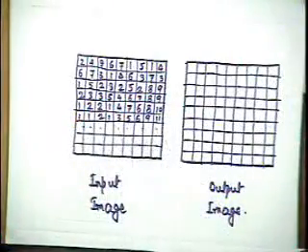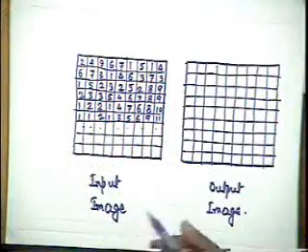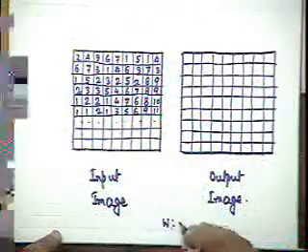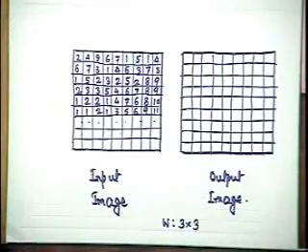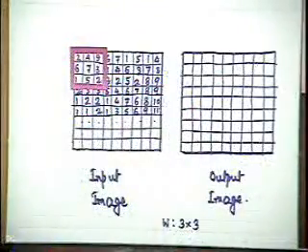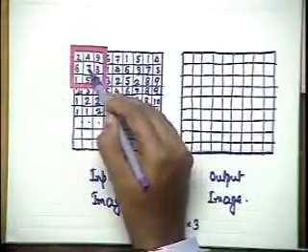This is an image which is given to us, and I'd like to construct the output image after doing a spatial averaging. Let us say that the size of my spatial averaging window W, I choose as a 3x3 window. A 3x3 window will be something like this. This window is centered around this particular pixel, which has an intensity value equal to 7.